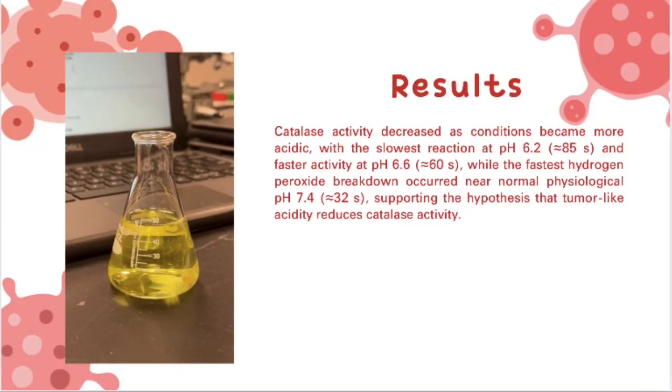With this, our results show overall an inverse relationship between acidity and catalase activity, supporting the hypothesis that tumor-like acidic pH reduces the enzyme's ability to break down hydrogen peroxide.